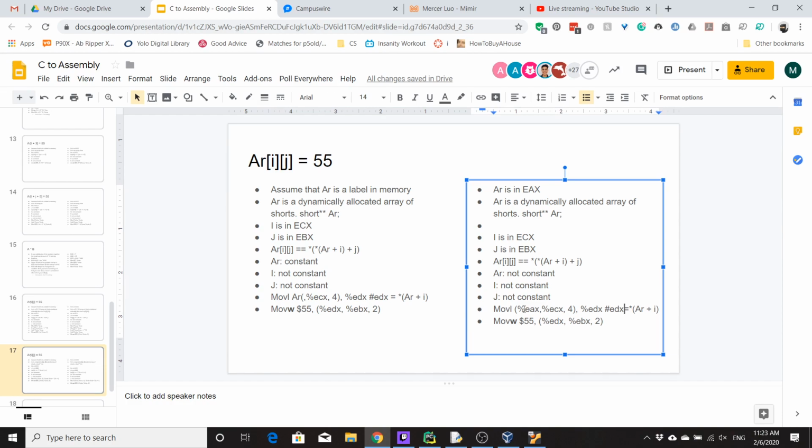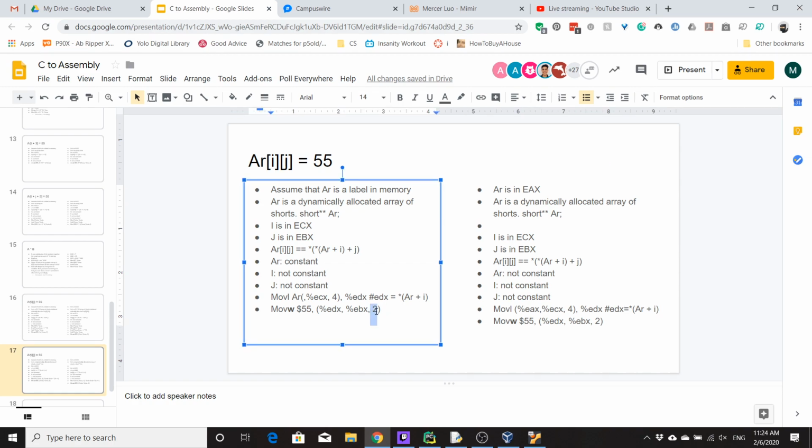Yeah. Why is the 2 here versus a 4 up here? So the 2 on the bottom is because it's a dynamically allocated array of shorts.